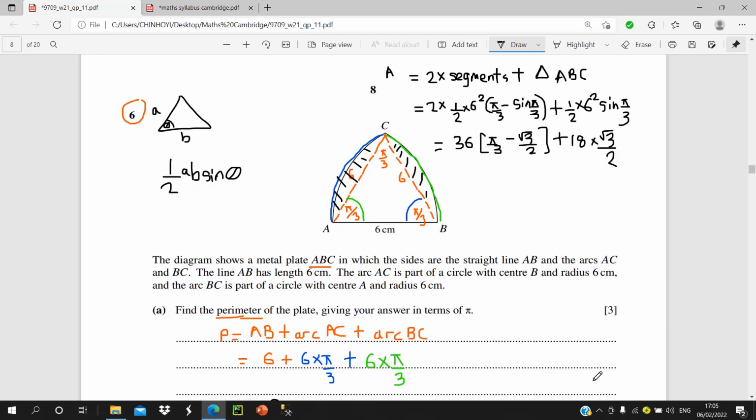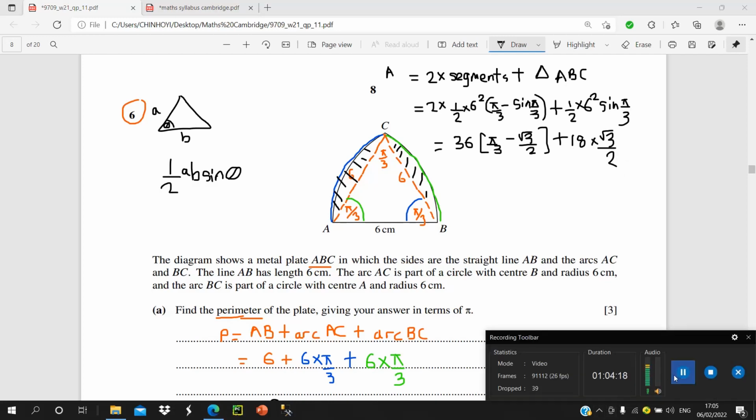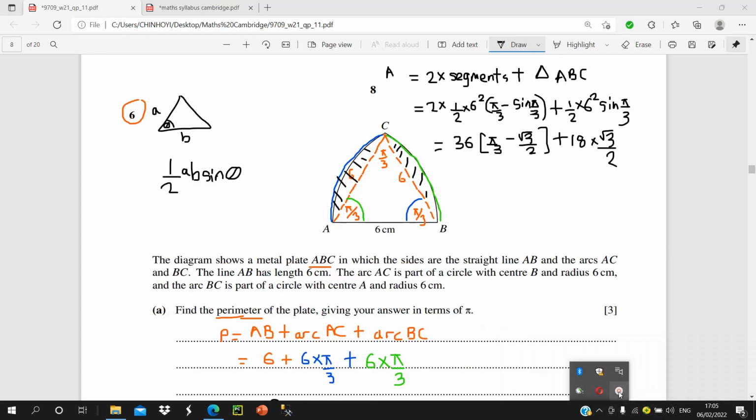Then let's simplify to the answer. 36 times this one, 3 goes into 36 twelve times, so it's 12 pi, minus 2 into 36, it's 18 root 3, plus 2 into 18 should get 9 root 3.